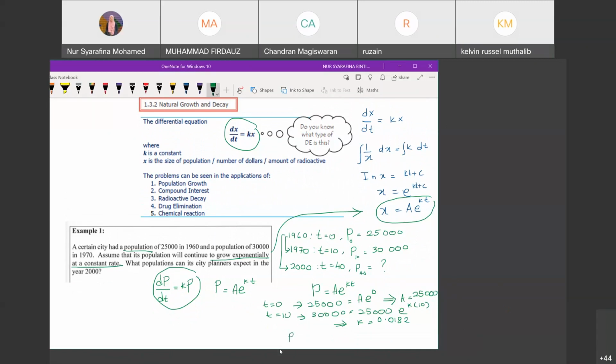Okay, so now can you find the population after 40 years? We want to find the population at t equals 40. So just substitute your A, e, k is 0.0182, and now t is 40. So what is your P?